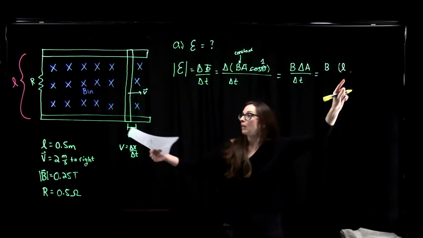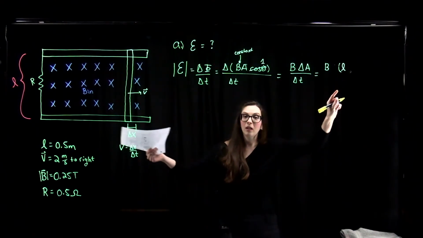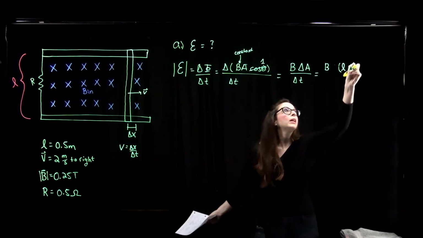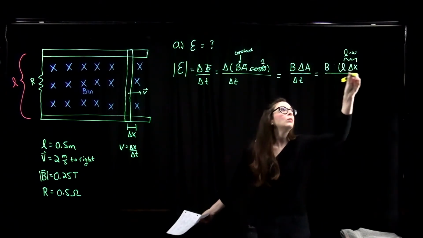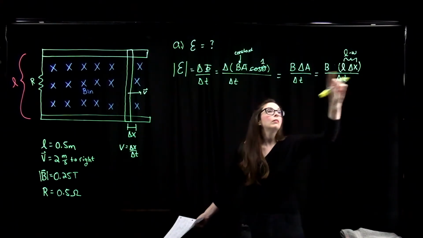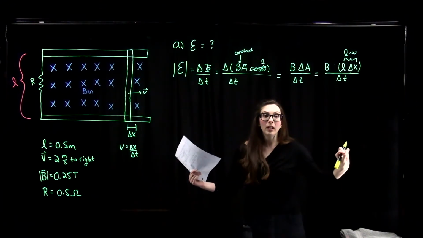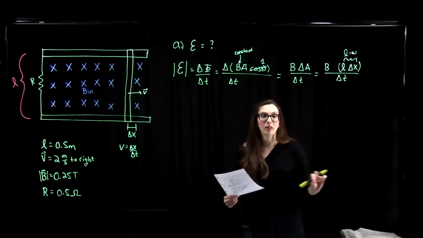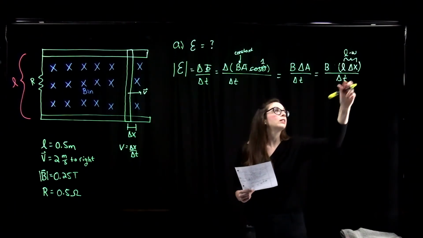But we are changing the length of the bottom part of my loop, so we can replace that as delta x. So this is our length times width, and then we're dividing it by the change in time. So the width of my area is changing, that's the increment that is changing along the width. So delta x. So we've got B, L delta x over delta t.